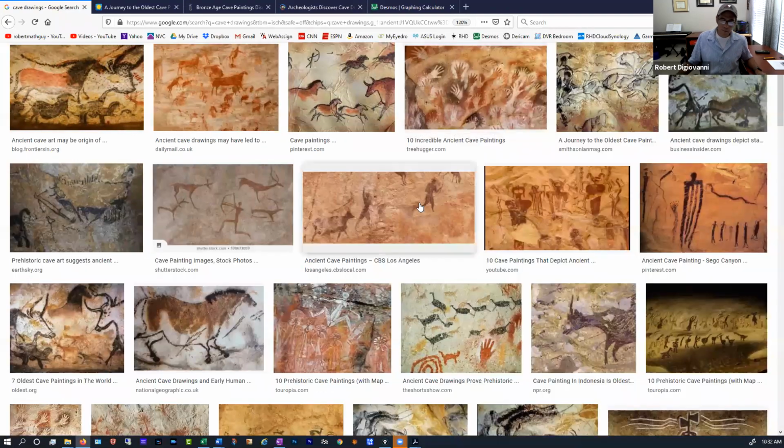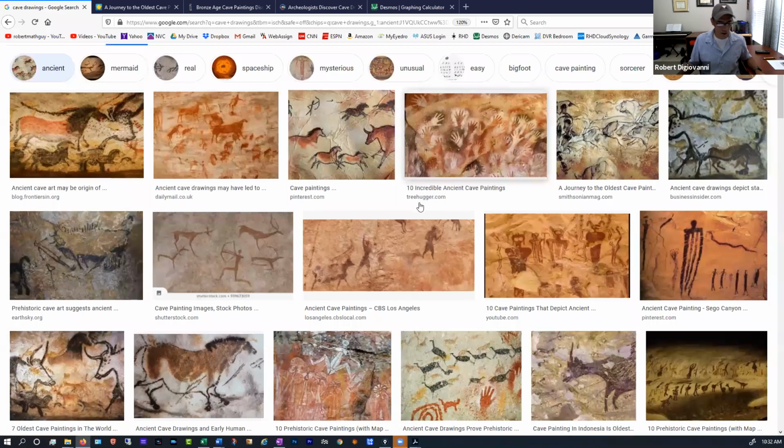Okay, so without being too critical of these people, would you say that their drawings were pretty good? Or would you say that they're more like what you would expect from a first or second grader? Do you think these are good drawings, or are they more like stickman drawings?